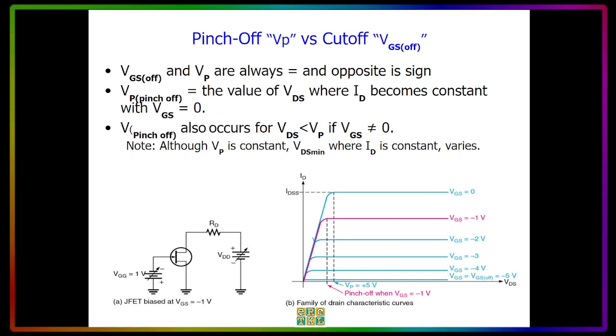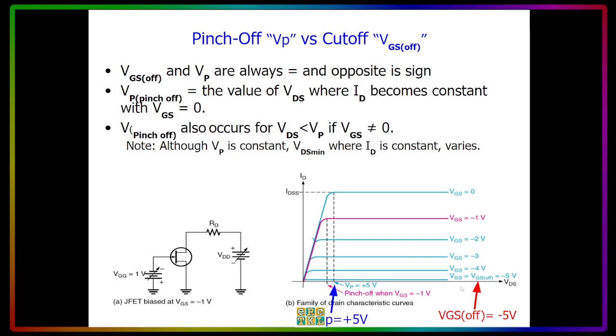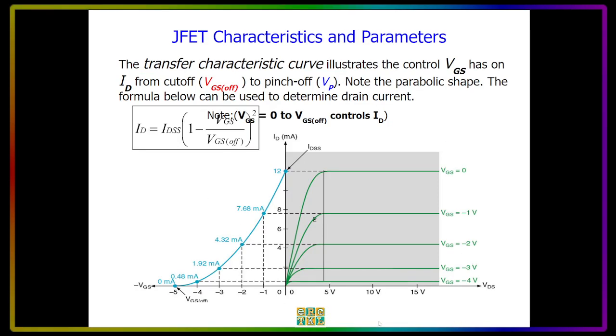Note, although VP is constant, the VDS minimum where ID is constant will vary. So again, this is the VGS of -5 volts, and this is the VP, positive 5 volts. All of these are called the family of drain characteristic curves.